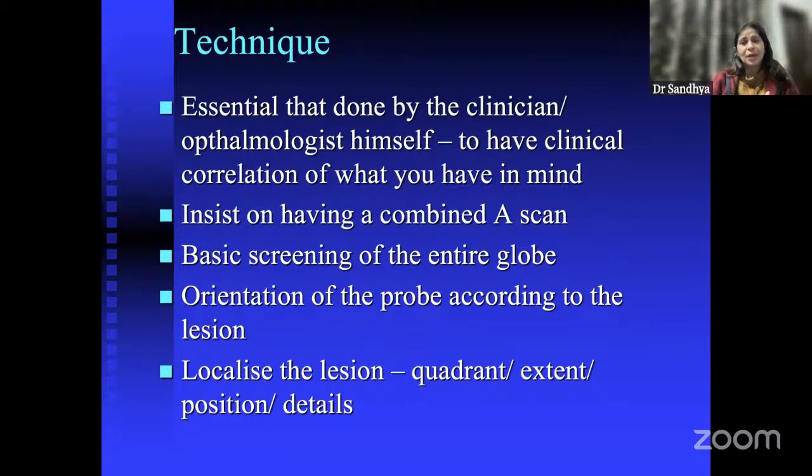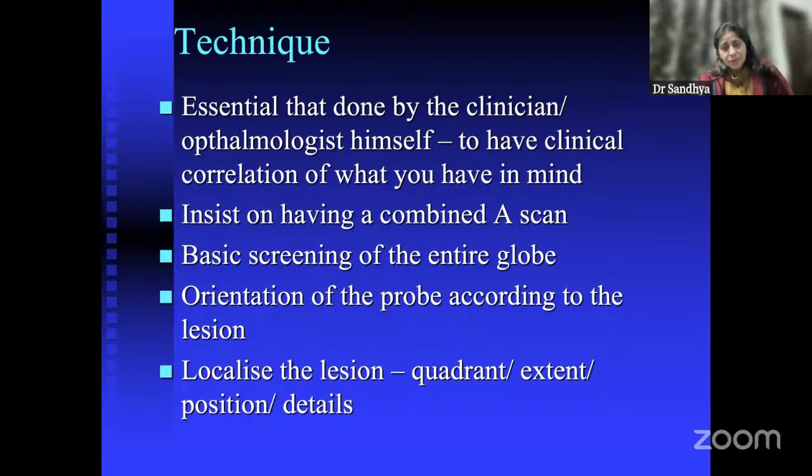So you are seeing a linear scan at the bottom, which is combined with your B scan images. So it gives you a very good idea of the structure, whether it is low reflective, high reflective, medium or moderate reflective, whether it's the capsule, a foreign body, or whatever. So it is a very good thing to have a combined A scan. I will show you the pictures, then you will get a better idea.